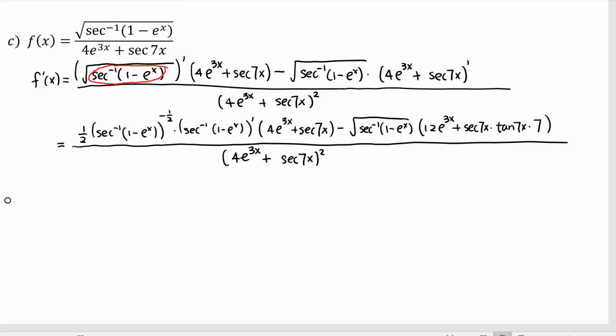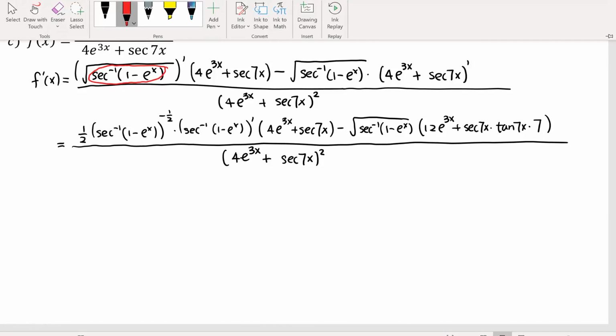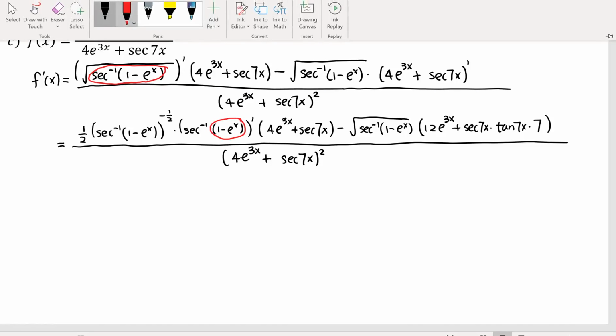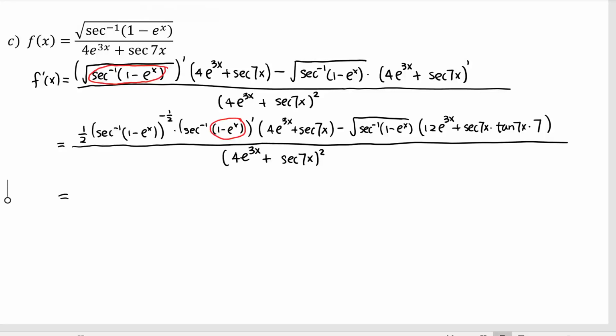Okay, so what is secant of 1 minus e to the x? Well, here we have another chain rule, this is our new u. Okay, so let's continue. So we have 1/2 secant of 1 minus e to the x. Okay, questions. Can I combine the minus 1/2 and the minus 1 together to become 1/2 here? No, this is secant. It's not like 1 over secant, so we cannot combine.